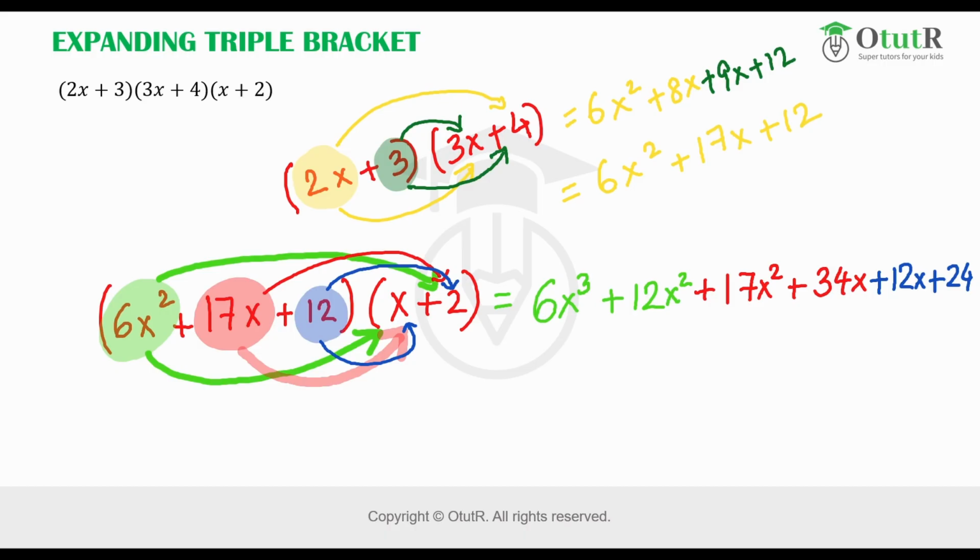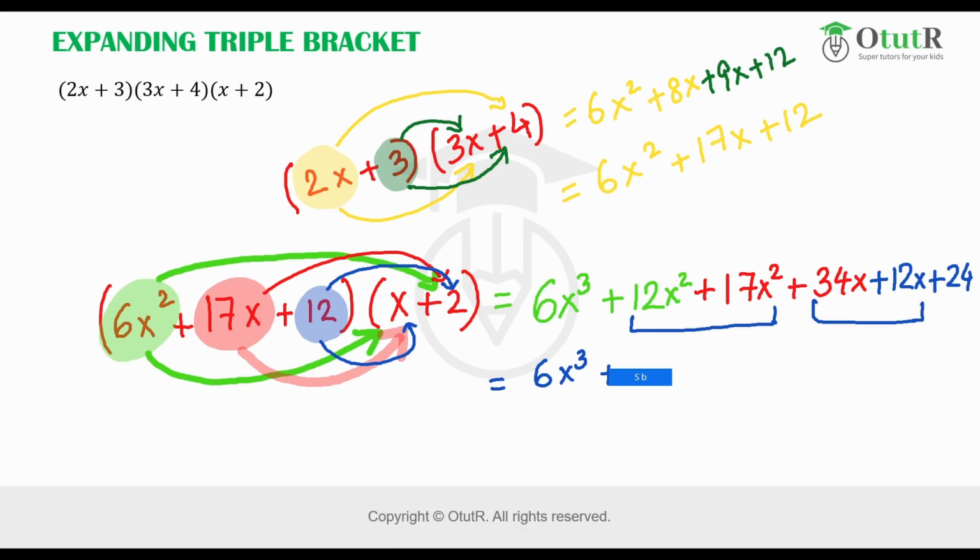After seeing this equation, can you see that 12x squared and 17x squared are like terms. 34x and 12x are like terms. So whenever we see like terms, there's a possibility of simplification. So we are just going to simplify it. After simplifying, it's going to become 6x cubed.